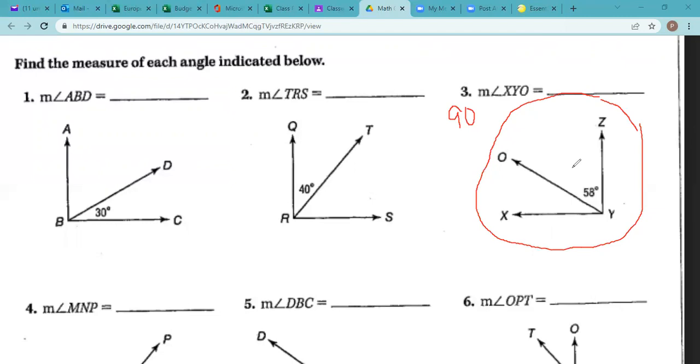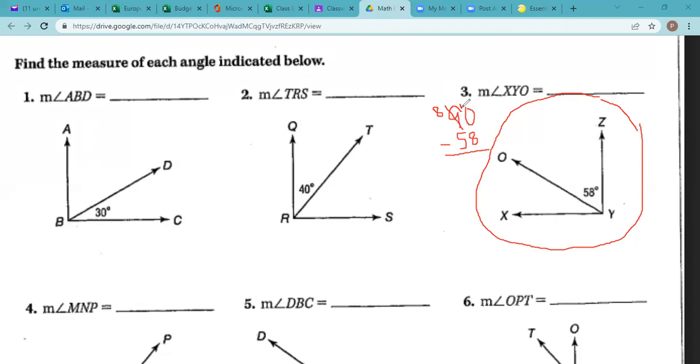Angle OYZ is 58 degrees. So what we need to do is find out, by subtracting that 58 from 90, what angle OYX is. So 0 minus 8, I can't do it. You're going to borrow from the 9, make it an 8. Put a 1 in front of that 0.